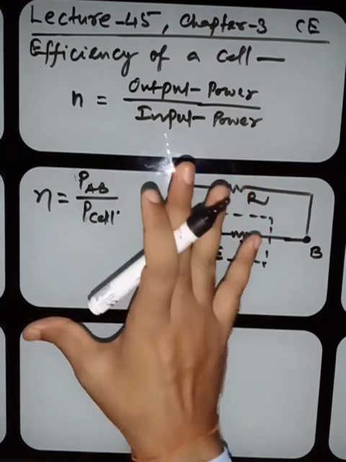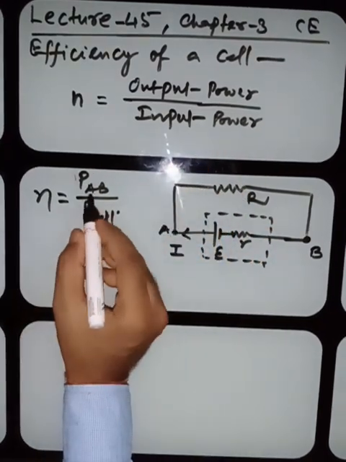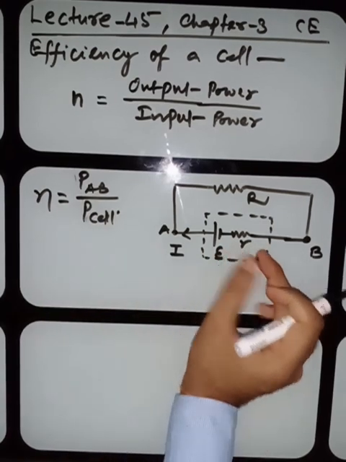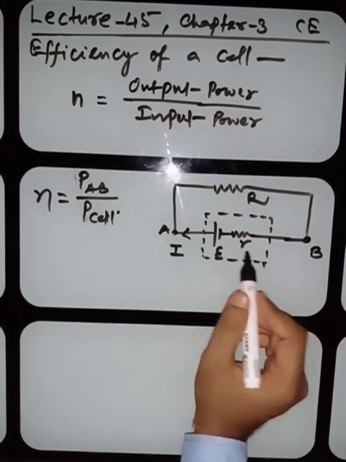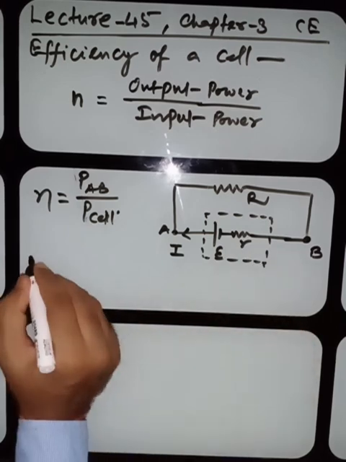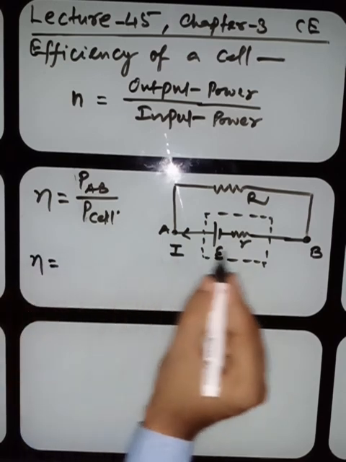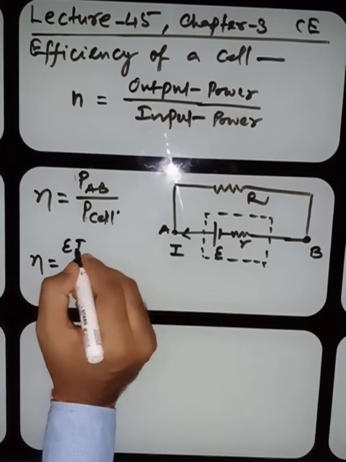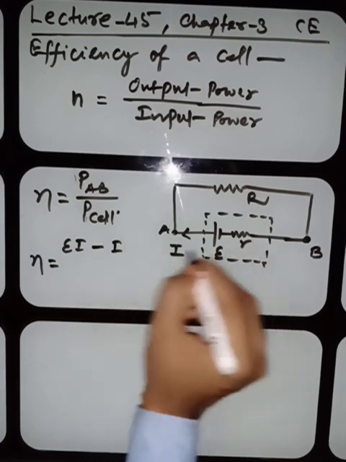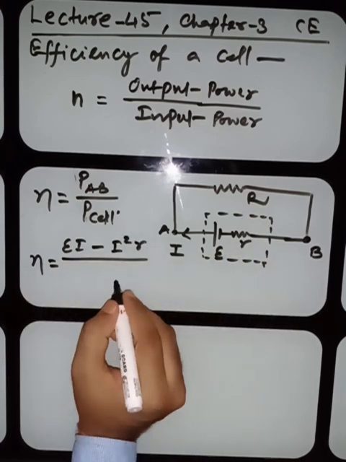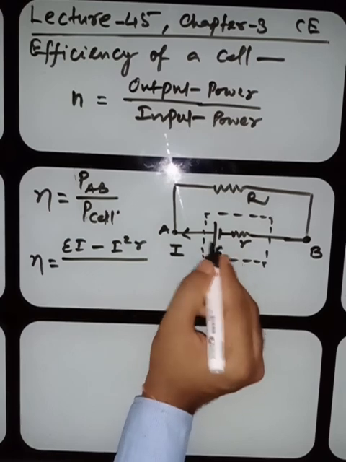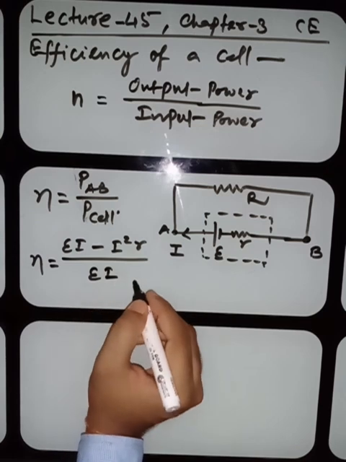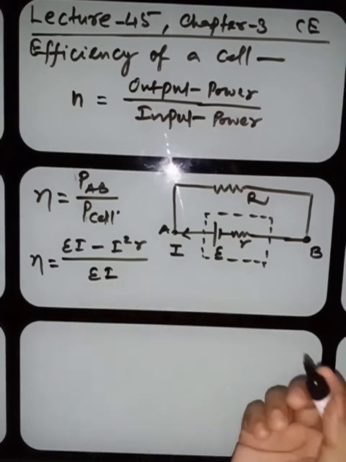All right. Now try to look here: the power across the terminals AB will be the power minus the power lost, that is the energy lost at this point. And we can write η as EI, the current is I, minus I square r, divided by the power of the cell. The power of the cell was E times I. Now you can find the simple formula.